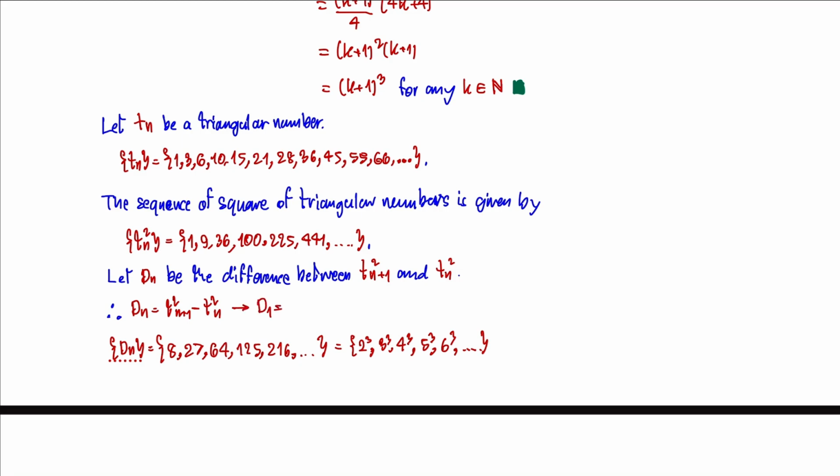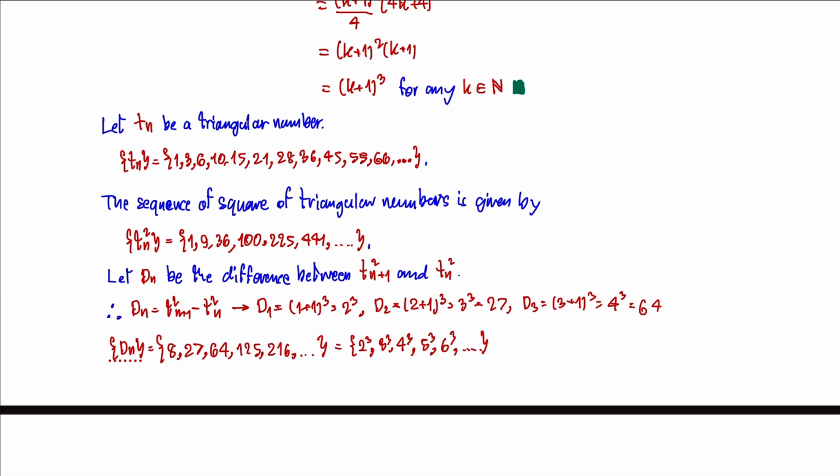So D1, we plug in 1 into here. It turns out to be (1 plus 1) cubed, which is 2 cubed, which is 8. And D2, we plug into here. So it turns out to be 3 cubed, which is 27. And D3, we plug in number 3 here. So it turns out to be (3 plus 1) cubed, 4 cubed, which is 64.